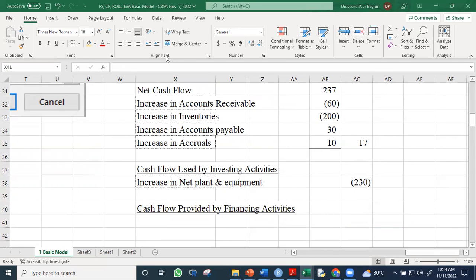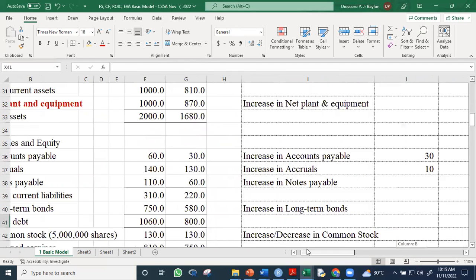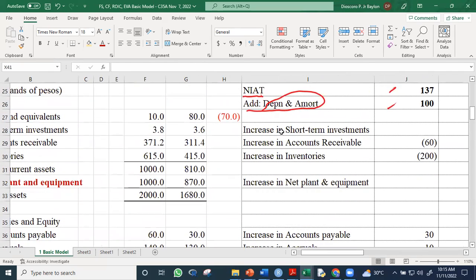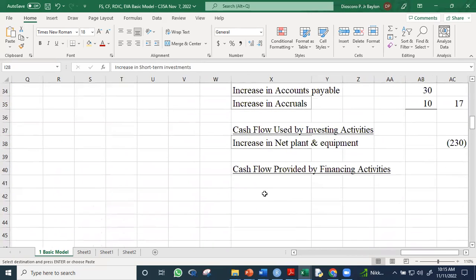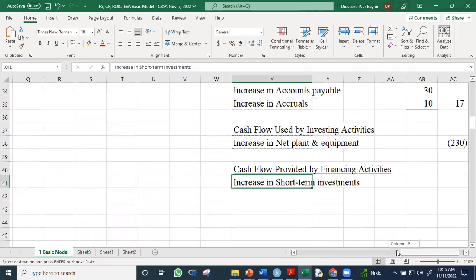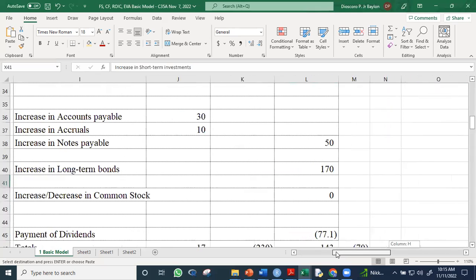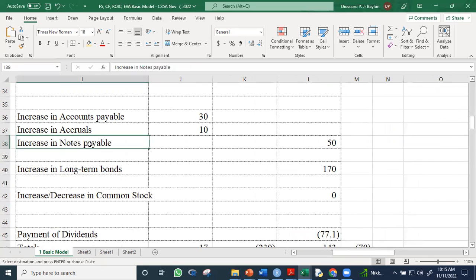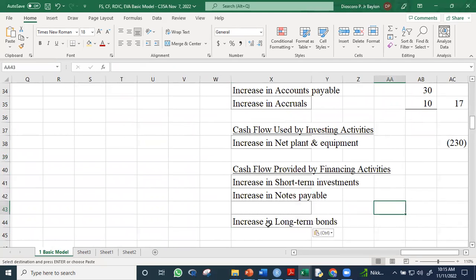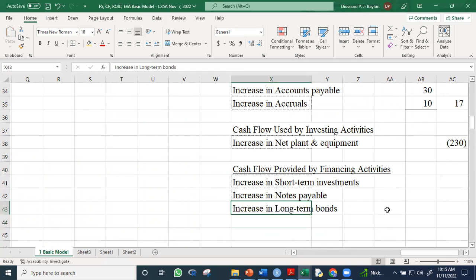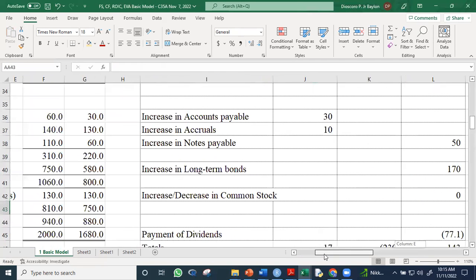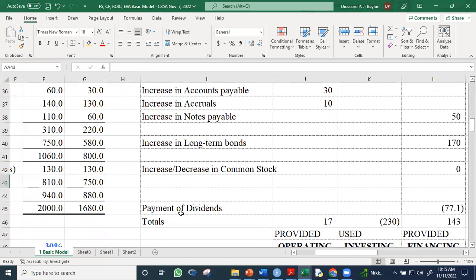We have the financing. Okay, let me check. Okay, so for the financing, let's copy paste the labels. So first we have this short-term investments, Control C. Okay, Control D, increase in short-term investments. And then this one. And then this one.